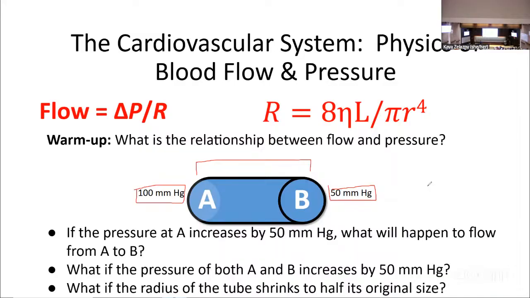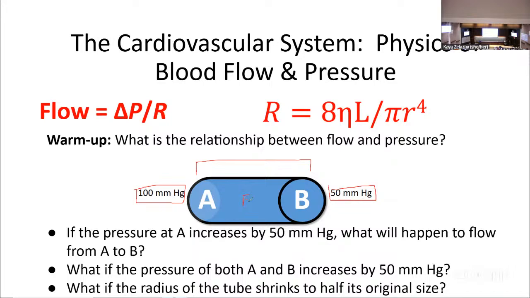Using these two equations that we just learned, think about what would happen to our flow if we increase the pressure at A by 50.